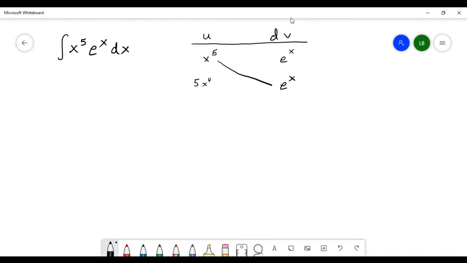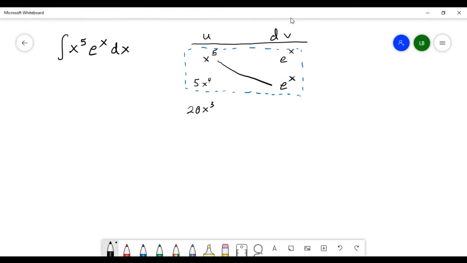But then if we had to do that integral, we could let u be equal to 5x to the fourth and dv be equal to e to the x. So if this were our new u, our new du would be 20x cubed. Or in other words, you could think of it this way. This one is our u, dv, du, and v for our very first integral.